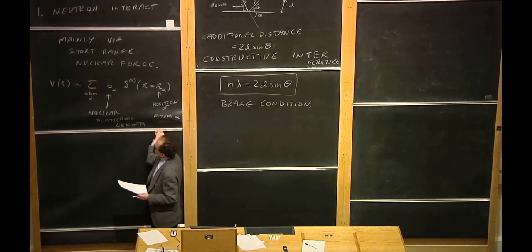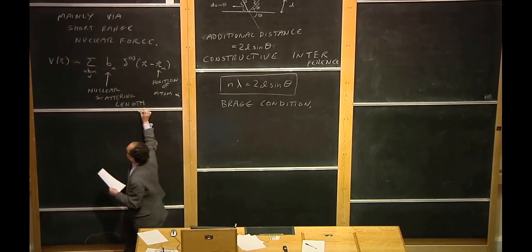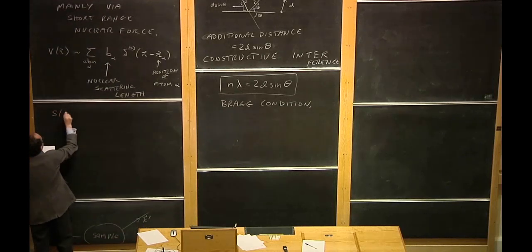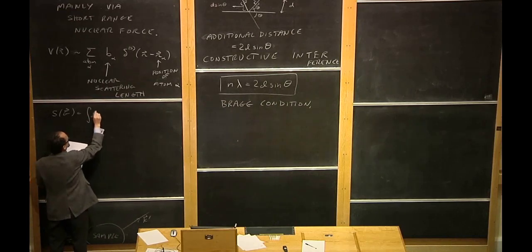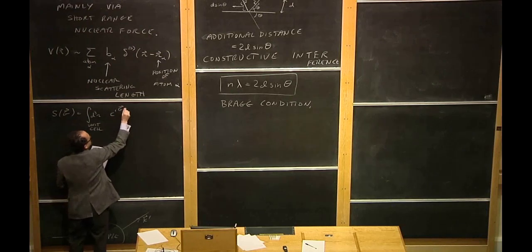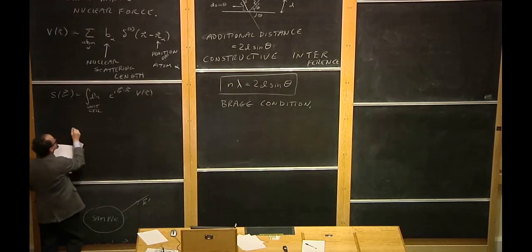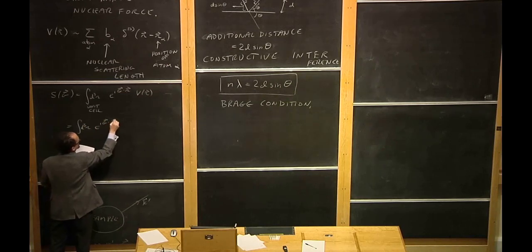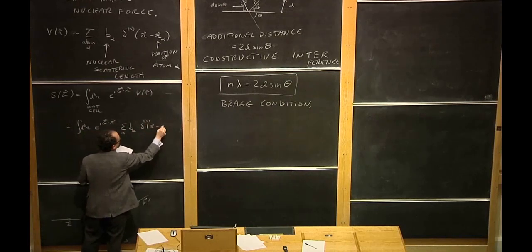But given this functional form of the interaction with the nuclei, we can then calculate the structure factor S of g, which, remember, the definition is the integral d3r, the Fourier transform in the unit cell, of e to the i g dot r times V of r, something we derived last time. If we plug in the form we just wrote down above, we have the sum over alpha, B alpha, three-dimensional delta function, r minus r sub alpha.